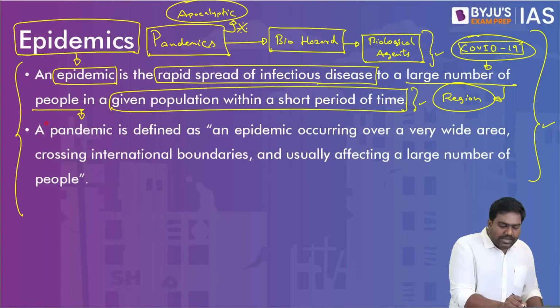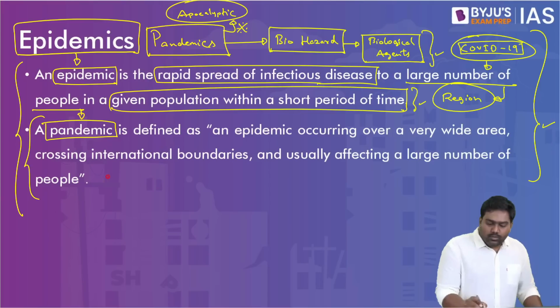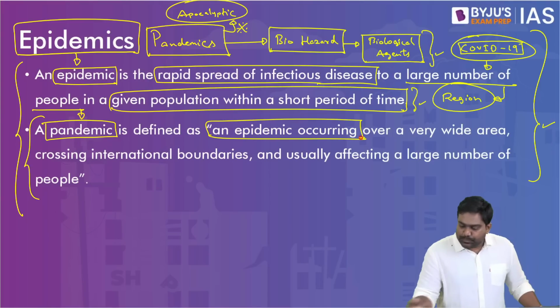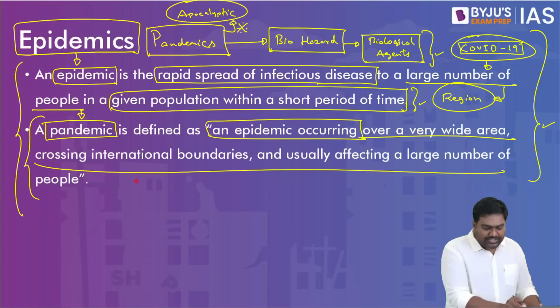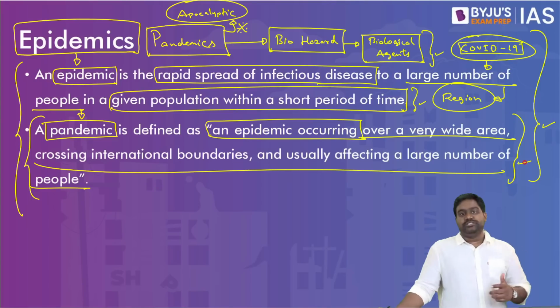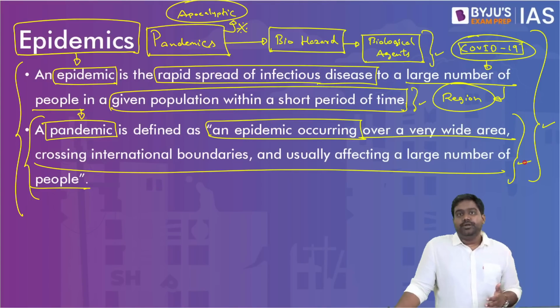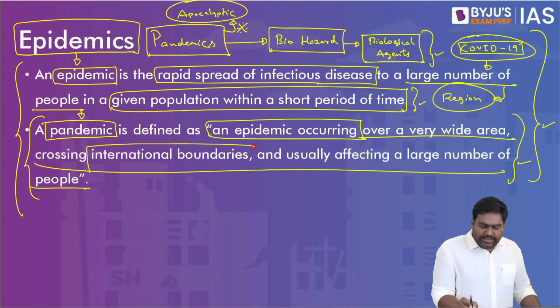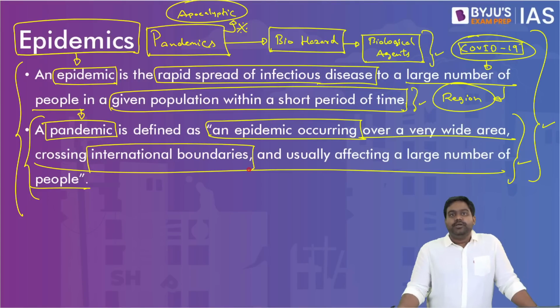An epidemic becomes a pandemic when the disease spreads over multiple countries, when the pathogen crosses international borders and enters multiple countries, and if a wave of infections begin in multiple countries, then it is declared as a pandemic. Is that clear?